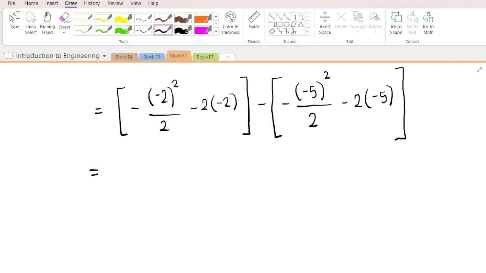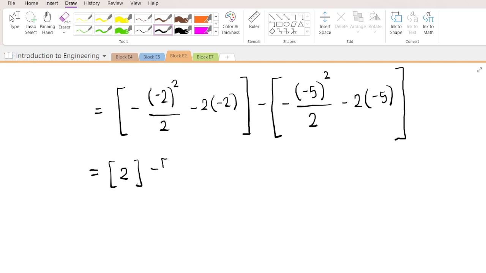So for a while, negative 2 squared over 2 minus 2 times negative 2. You have here 2 minus negative 5 squared over 2 minus 2 times negative 5.